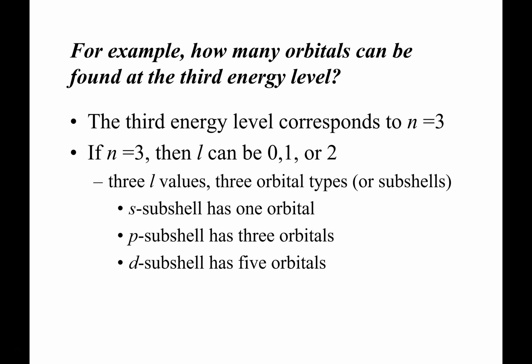When n is equal to 3, then we know our l values are 0, 1, and 2, and of course, that corresponds to s, p, and d respectively. For the s you have 1, for the p you have 3, and for the d you have 5. Sometimes when I'm doing this, I actually will go ahead and write 1 box, 3 boxes, 5 boxes.